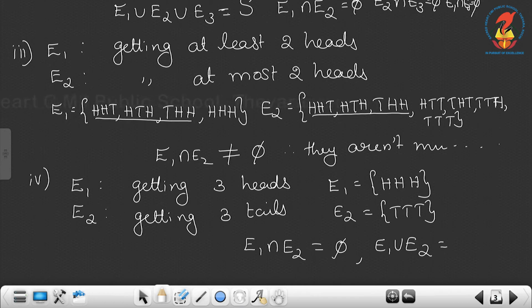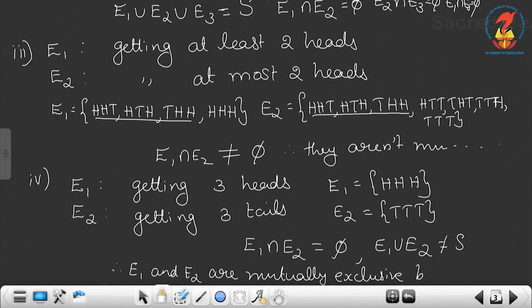No, only 2 elements. So it is not equal to S. Therefore, E1 and E2 are mutually exclusive but not exhaustive. Clear?